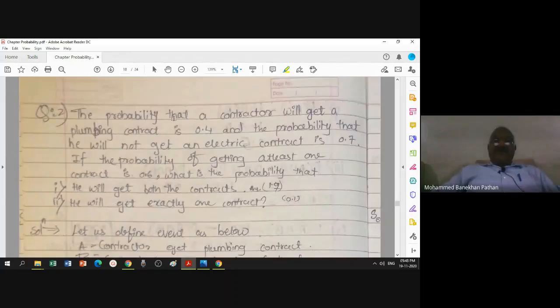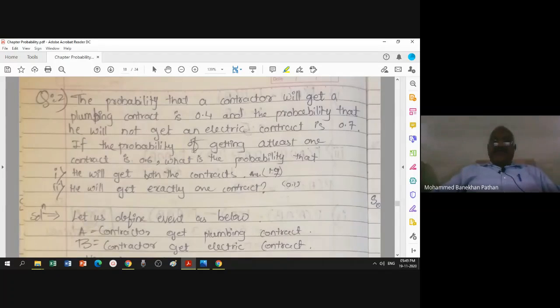The probability that a contractor will get a plumbing contract is 0.4, and the probability that he will not get an electric contract is 0.7.